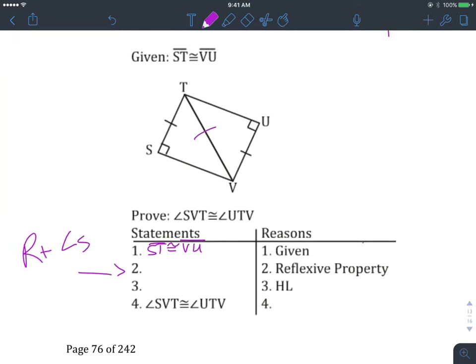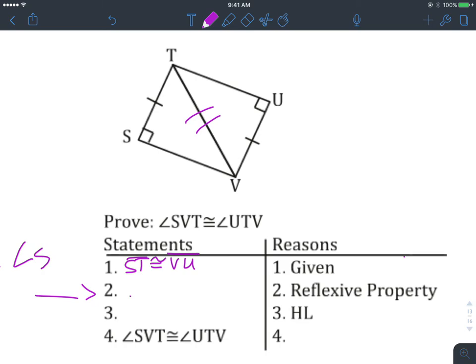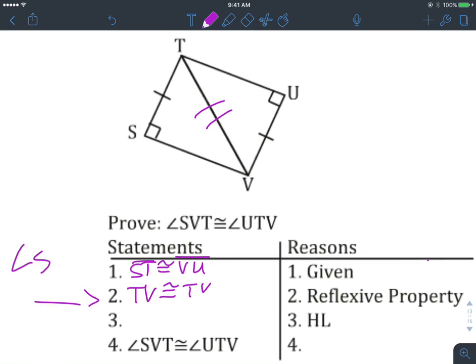And then you got the reflexive property going on here. They're probably talking about the shared side if they're doing that. So I'm going to say TV is congruent to TV. All right, and then therefore the triangles are congruent. Now be careful in the order here. I'm going to start out with STV.